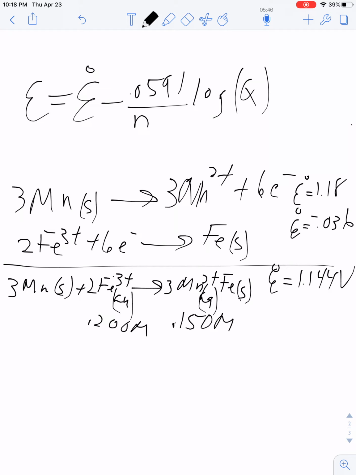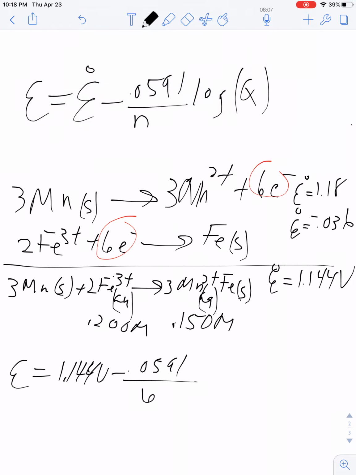To figure out the new cell potential with the different concentrations, we would plug in 1.1144 volts minus 0.0591. Now, how many electrons are being transferred in this reaction? 6. So we would divide by 6, and then multiply by the log of Q. Q is the products over the reactants, and we do not include solids in our expression.